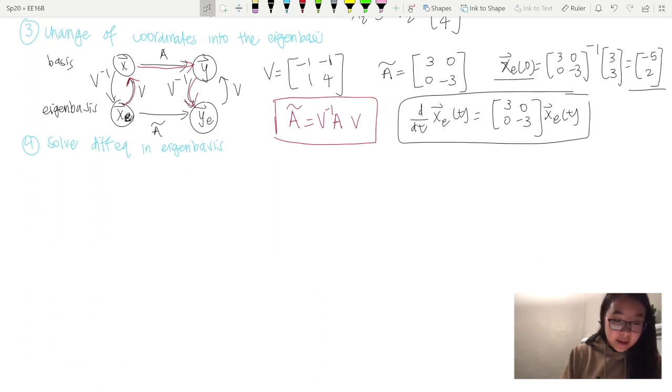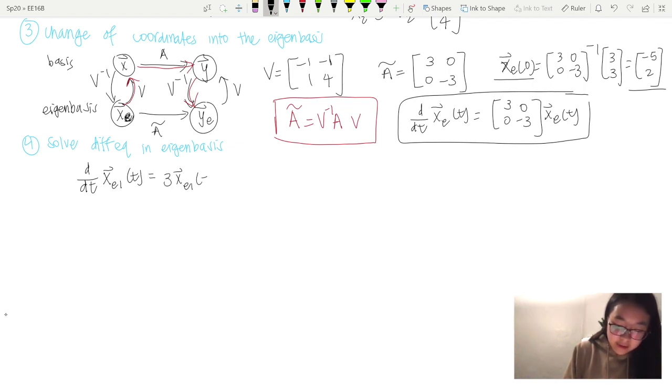So if you write the corresponding equations, d/dt of xe1 of t is equal to 3 xe1 of t, and d/dt of xe2 of t is equal to -3 xe2 of t.